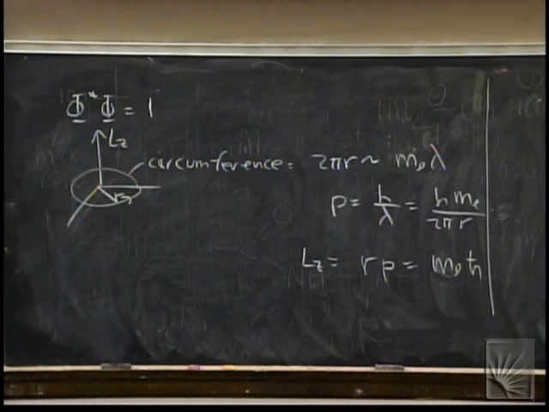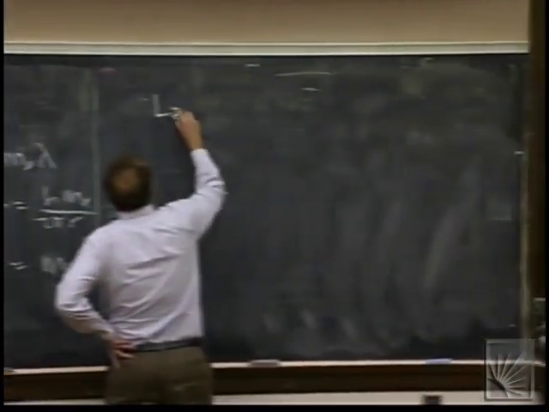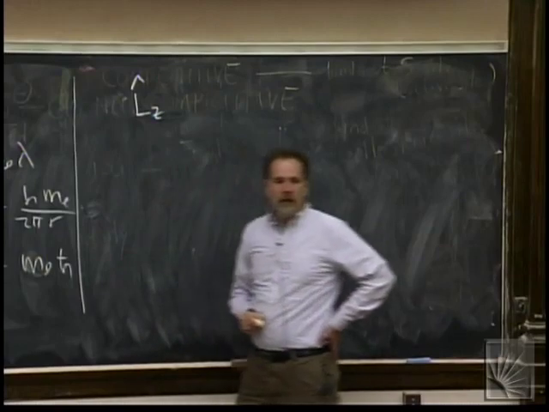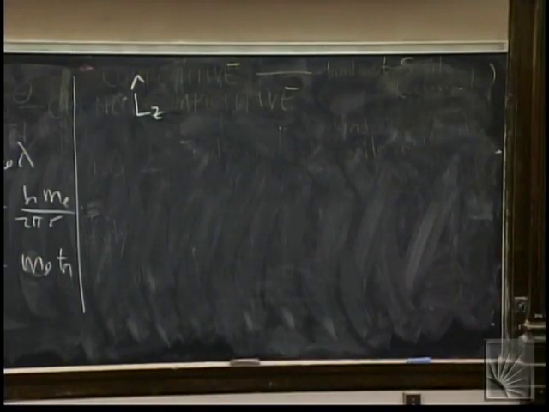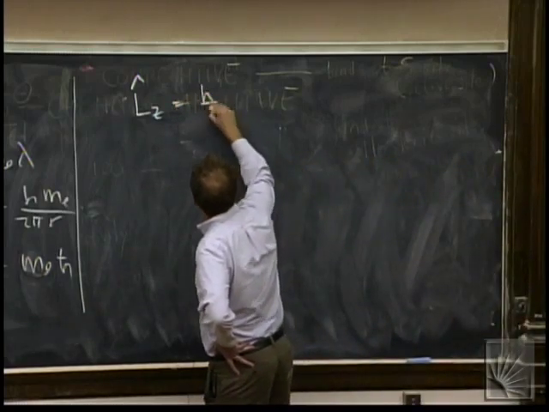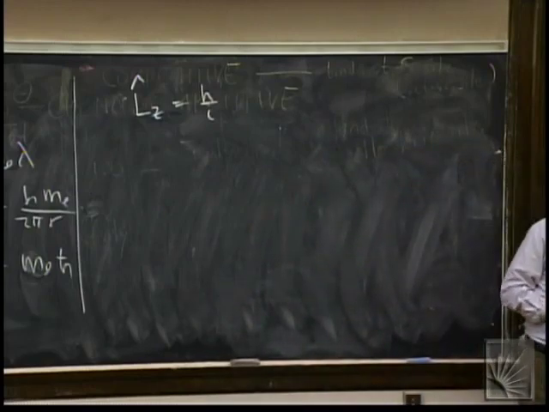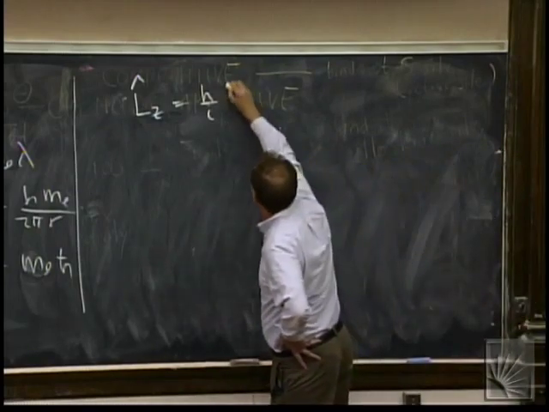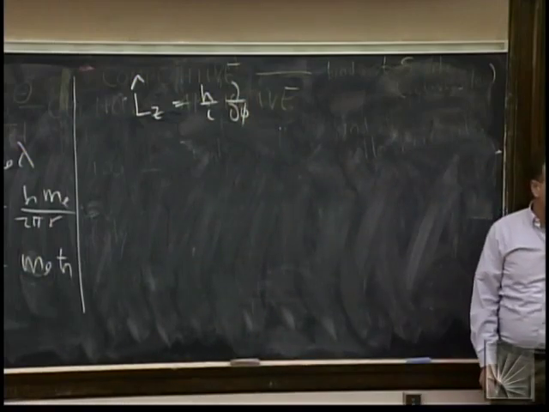Let me start with a guess, and then I'll show you that the guess was right. Let me guess that, in fact, I should have a quantum mechanical angular momentum operator for the z-axis, which by analogy with normal momentum, which was h bar over i d by dx, let me just guess that this is h bar over i d by d phi. All right?